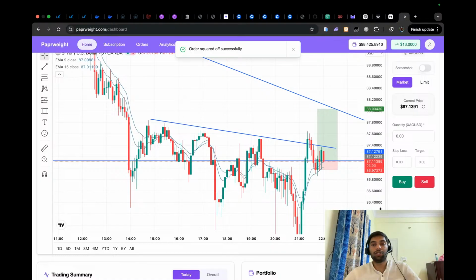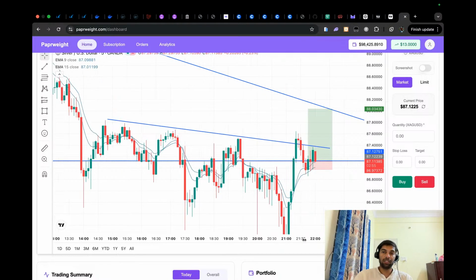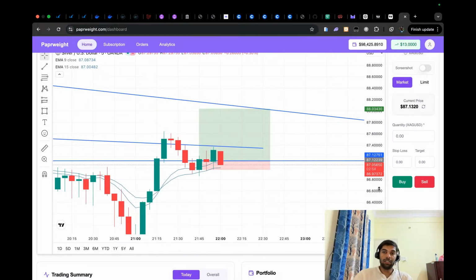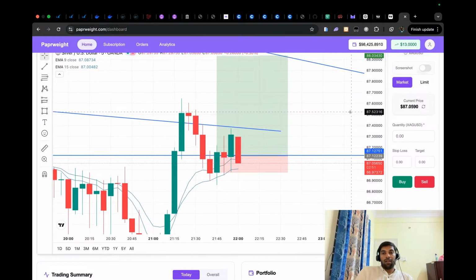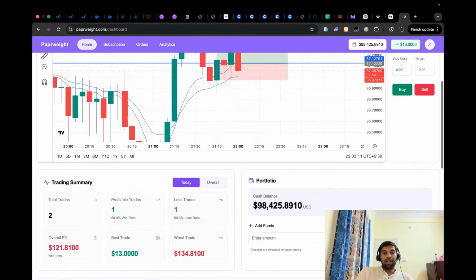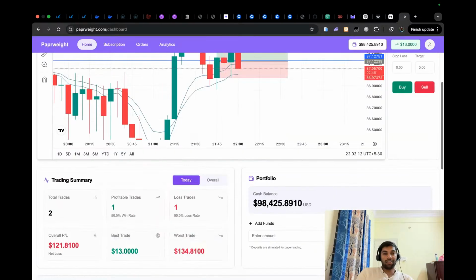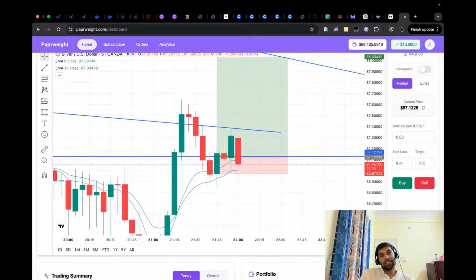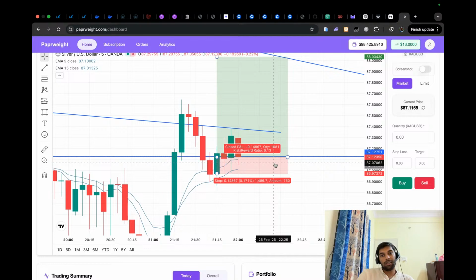I'm cutting this straight cost to cost because this is not a good candle. You can see that this is not a good candle at all. So I just cut my trade cost to cost.